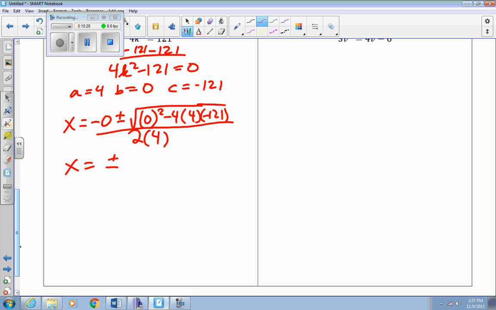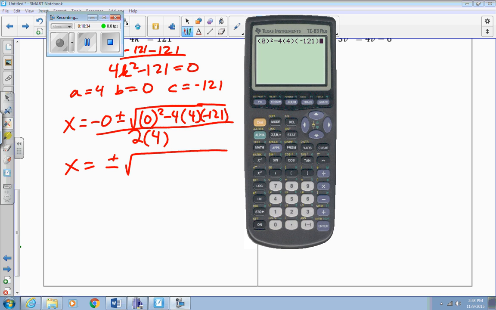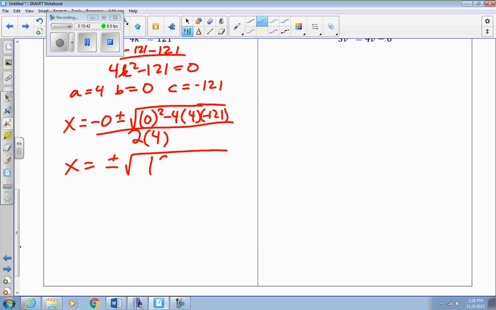Underneath the radical, put that into the calculator like every other problem. Hit enter. 1,936. That's an ugly number, but it must be right.